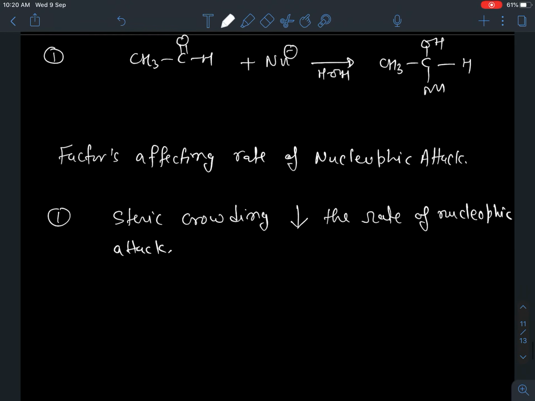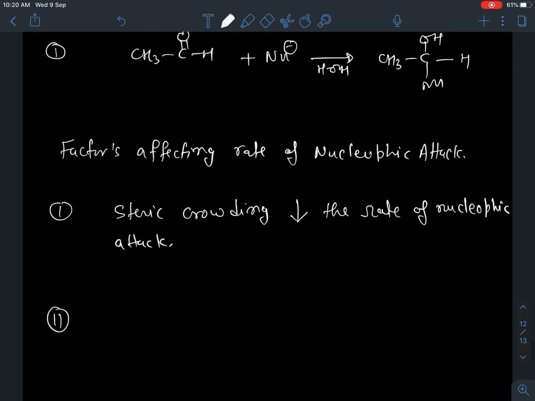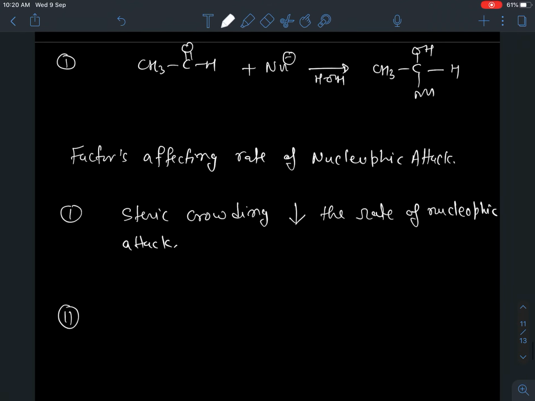And number two, if you look at the thermodynamic aspect, can't you see two molecules combining together and becoming one molecule? So the overall entropy is decreasing.